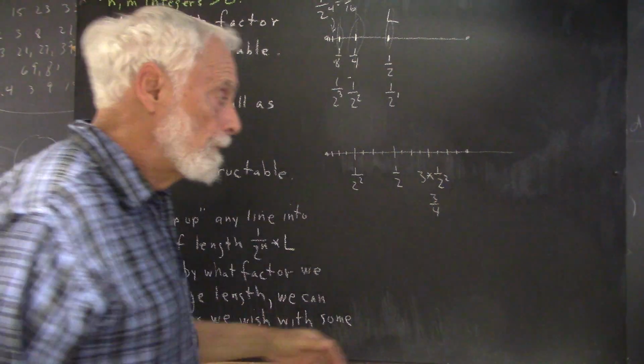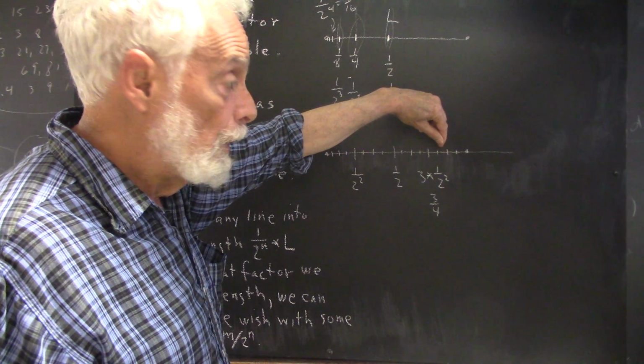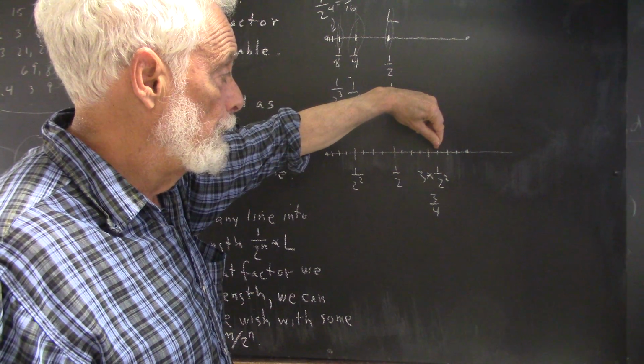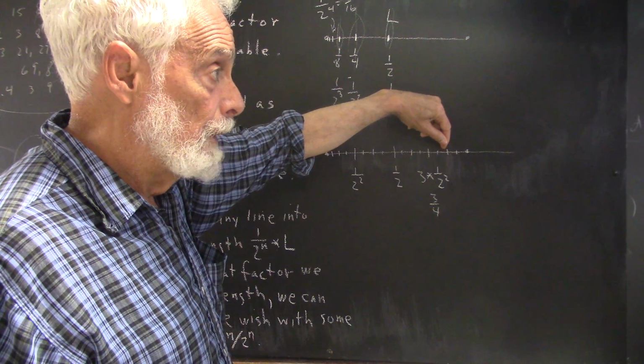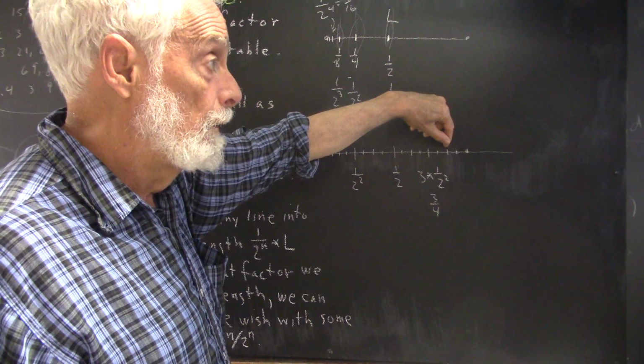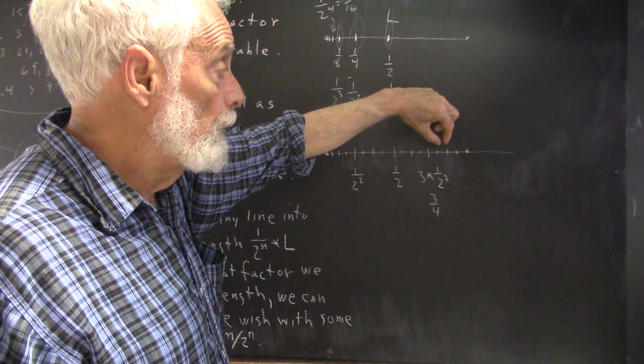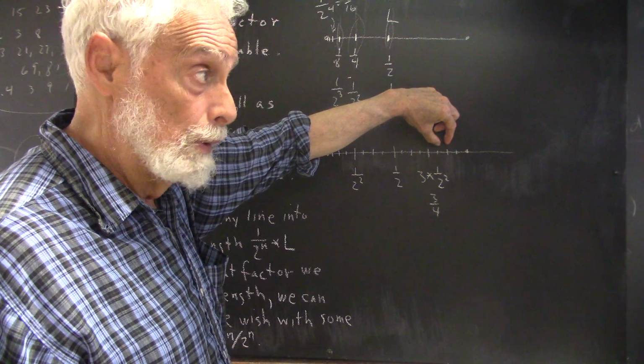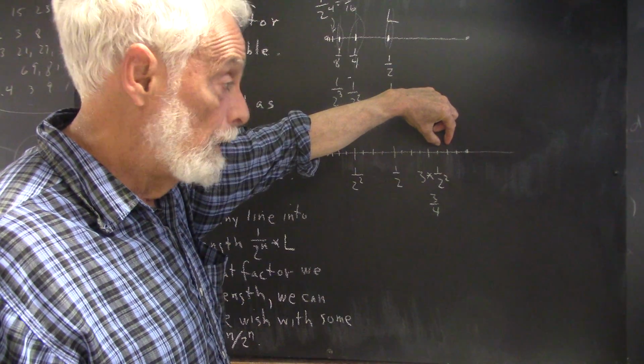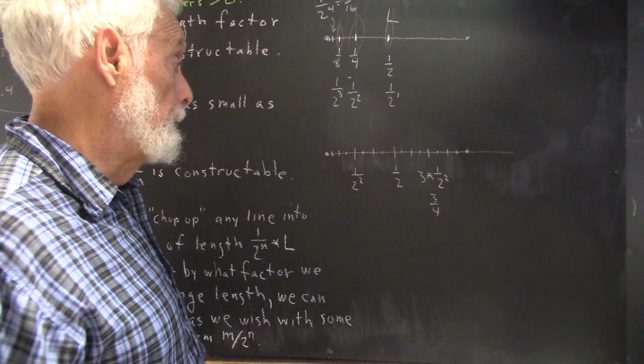So we're going to know that if we use either of those markings, either of those m/2 to the n fractions, we're going to be within 1/100th, or 1/128th in this case, of the correct position.